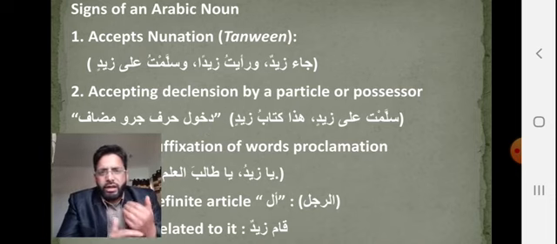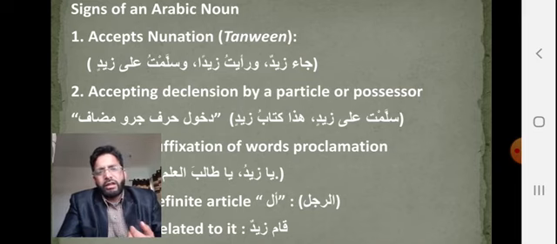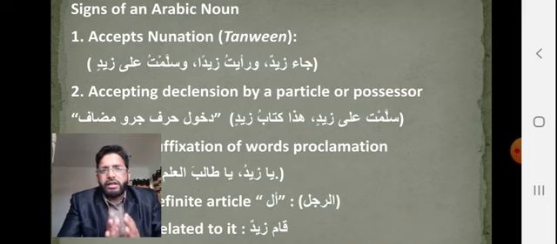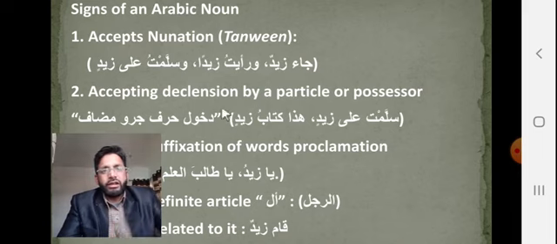It means that when we use any preposition, an inflecting preposition, harf jar suppose, or a mudaf on this noun, then what happens? It accepts declension. Its last sound changes. Its i'rab, its case changes. Now we have some examples. You see here.